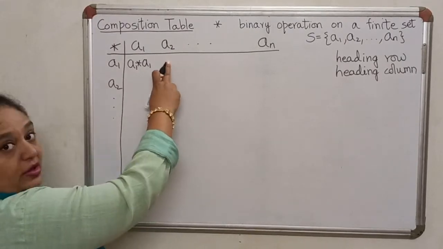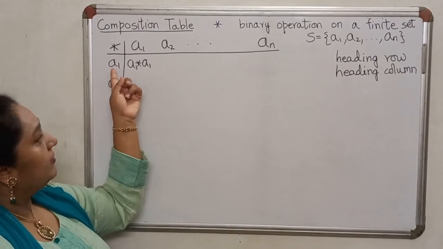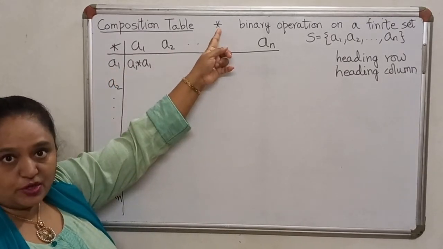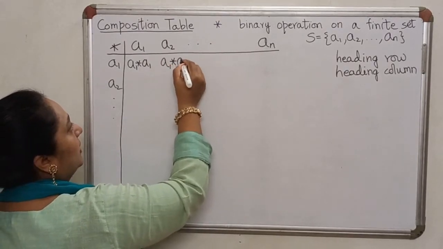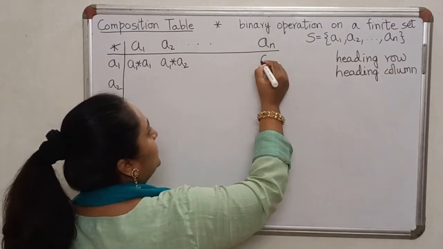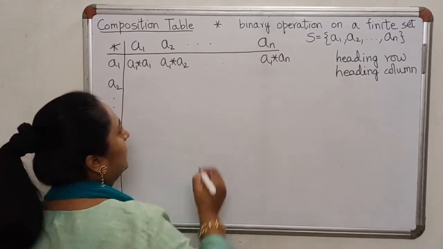Then for this place, which is in the first row, second column, I will take the combination of A1 with A2 with this operation, and in this place I will write A1 star A2. Likewise, in this place I will write A1 star AN.